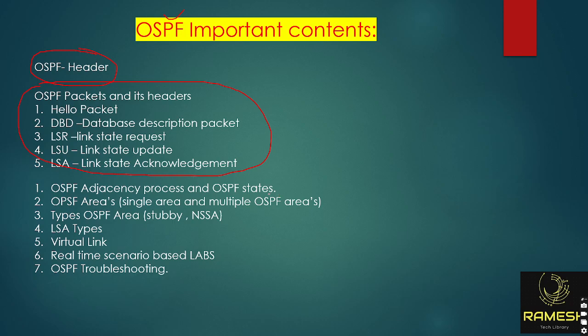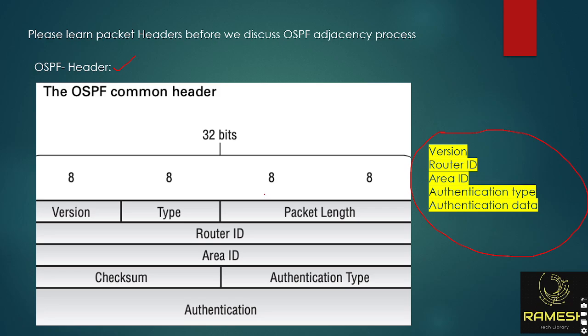If you prepare well, tomorrow you will understand easily. Tomorrow I will ask you about the adjacency process, meaning building a neighborship: what are the states, and what packets are exchanged? If you learn at packet level, you are the master of OSPF. You can easily troubleshoot everything.